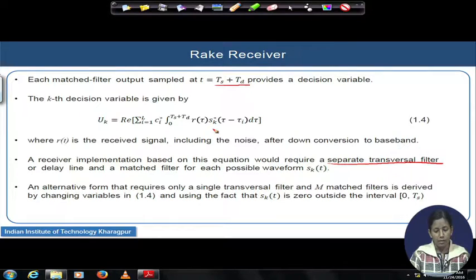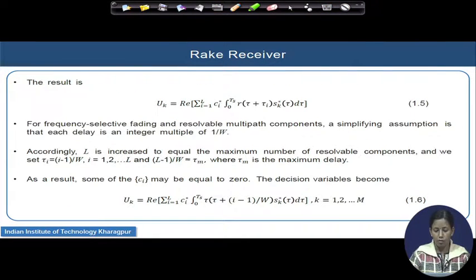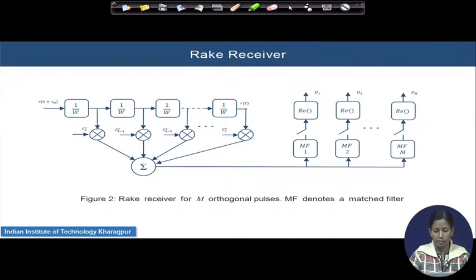Or alternatively, I can do something else: a single transversal filter will be there and M number of matched filters I will deploy, and we understand that this s_k doesn't exist beyond the symbol interval 0 to T s. If I try to do that, then the alternative figure would look something like this.